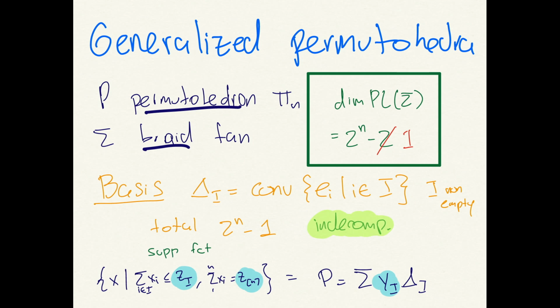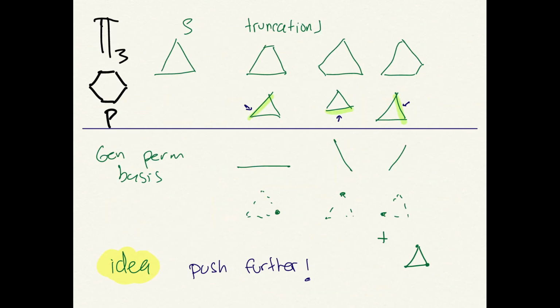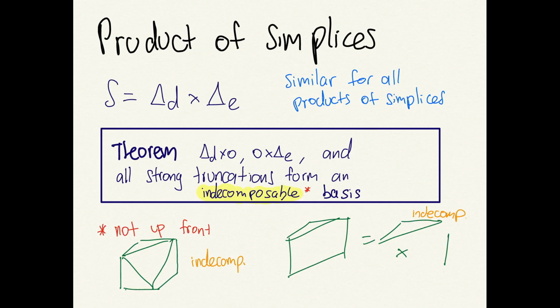People thought, oh, these are faces of the seed, faces of the standard simplex. It's true, but that's not the way to generalize it. We think they are strong truncations of the faces of the standard simplex. So if we do all the strong truncations, we get the dream basis.